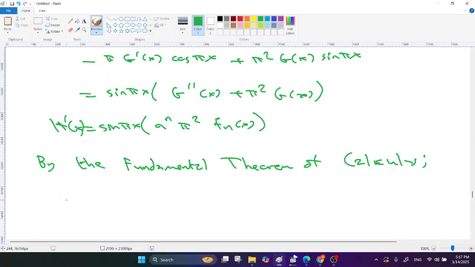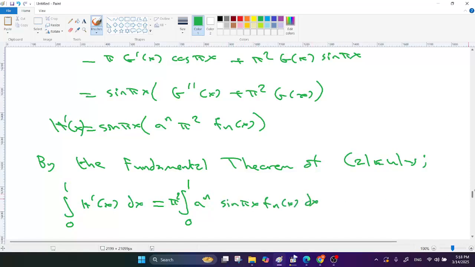Now let's apply it. The integral from 0 to 1 of h'(x) dx equals what? Substitute h'(x). So we have π², take the constant out, π² integral from 0 to 1 of a^n sin(πx) f_n(x) dx.